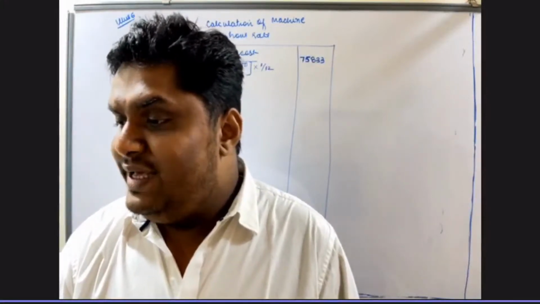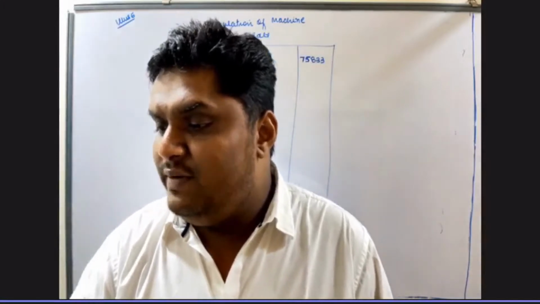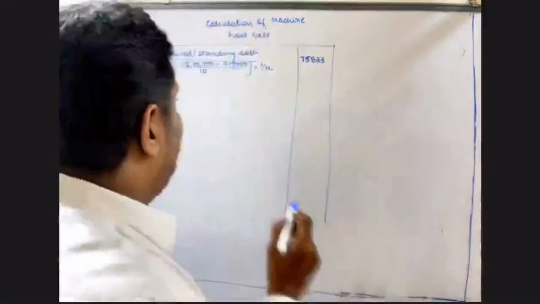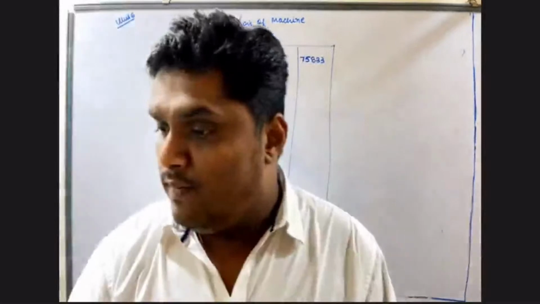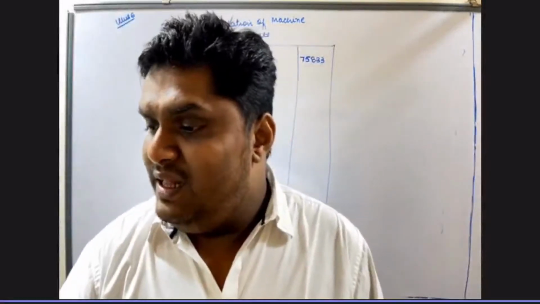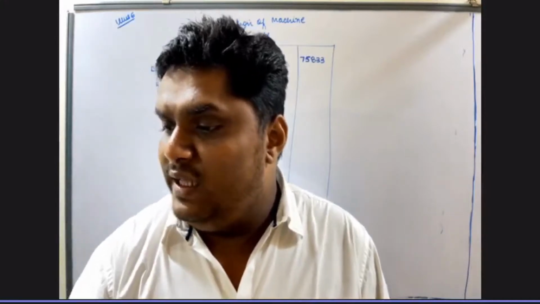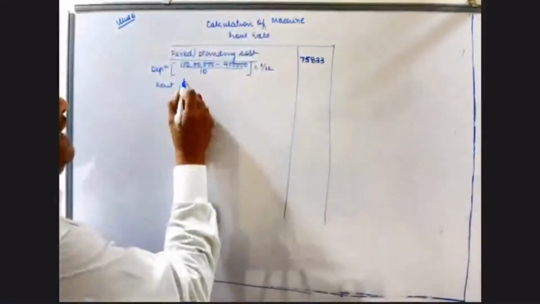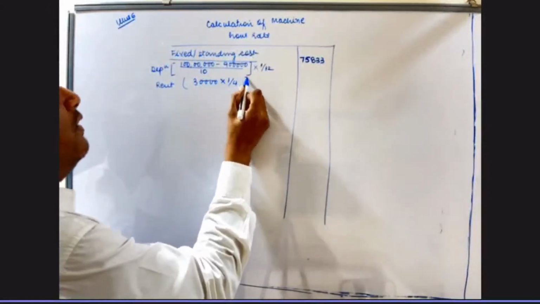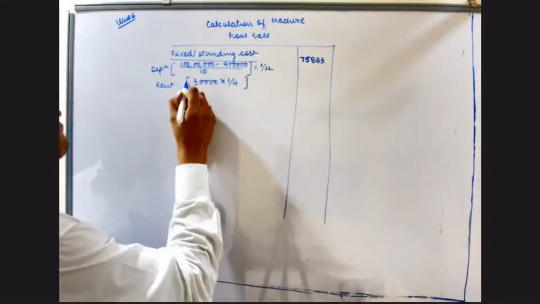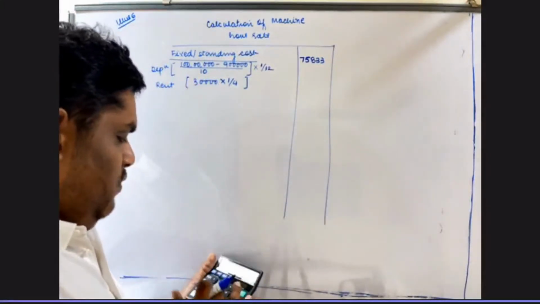Now, guys, in the next page, that is page number 4.35, the information is given as regards rent. The monthly rent is 30,000 and the machine occupies 1/4 of the area of the department. So 30,000 divided by 4.